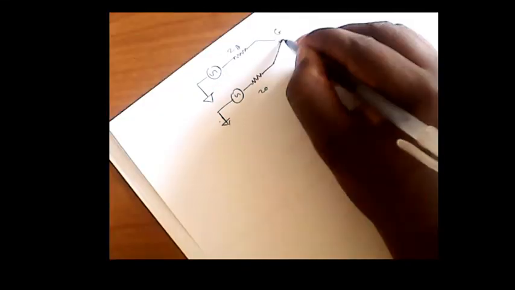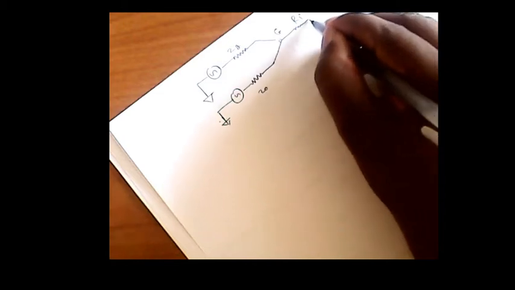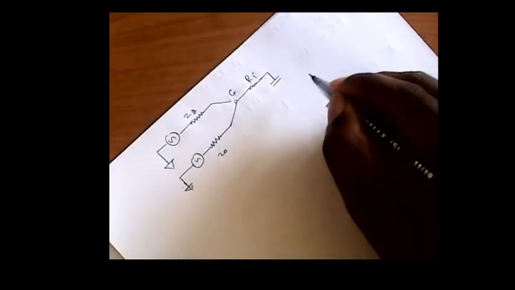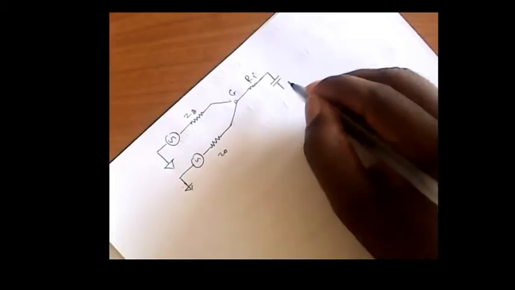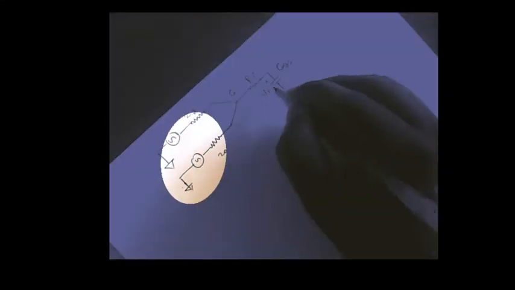G, Ri, the capacitor between gate and source, and the voltage across the capacitor is denoted as VC.